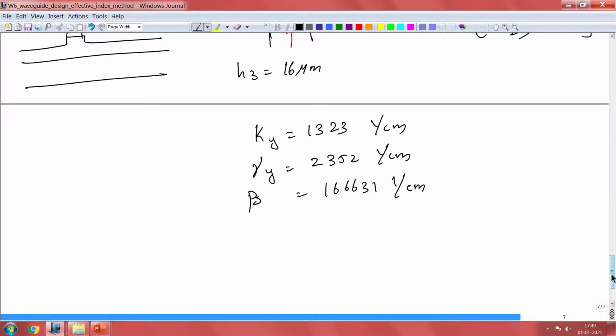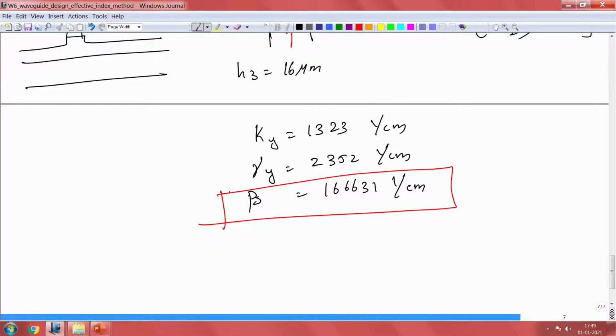So, this value of beta is the eigen value for the mode of the waveguide. Okay. So, this beta that we arrived at is your propagation constant or the eigen value of the mode in the waveguide.